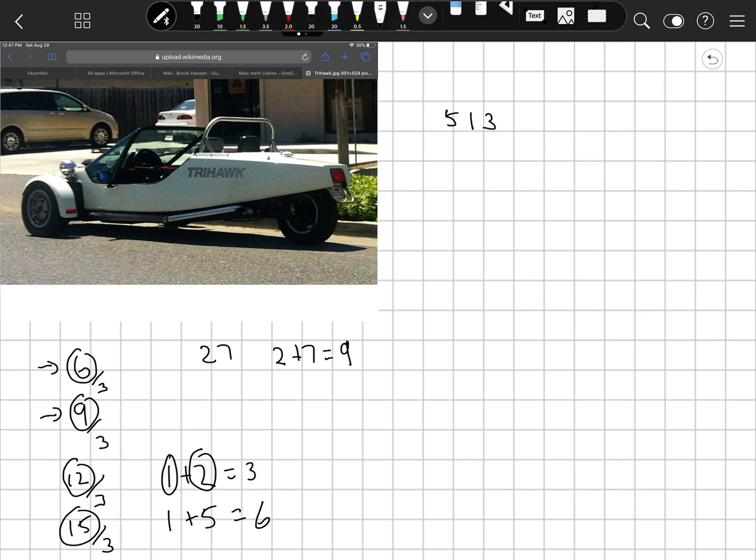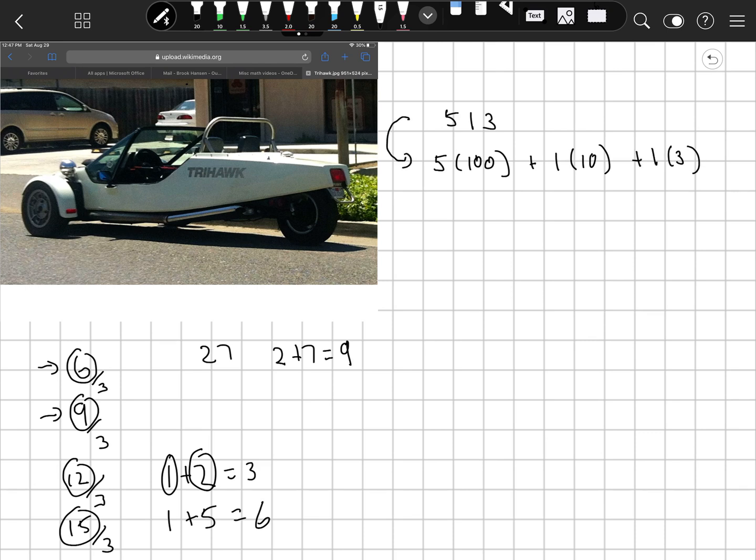One way of thinking about this is kind of breaking this up into tens place and hundreds place values. So we've got 5 hundreds, and we've got 1 ten, and we've got 3 ones.